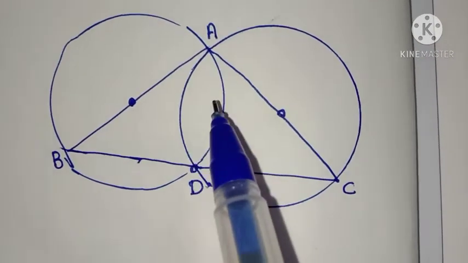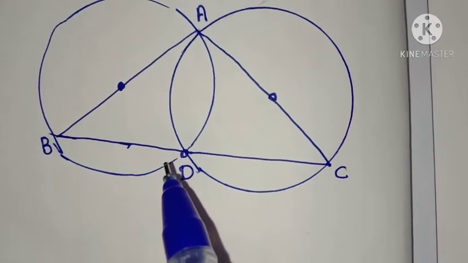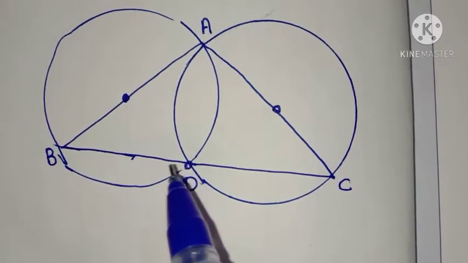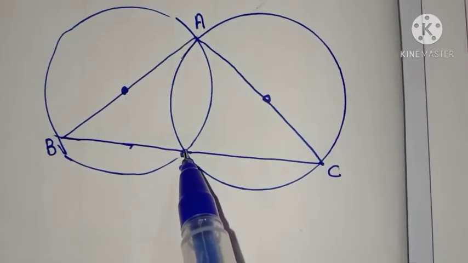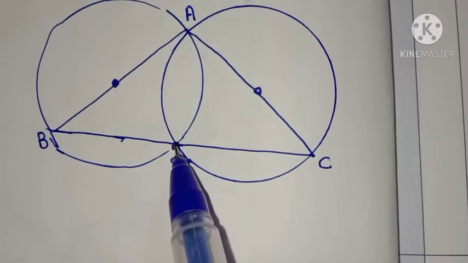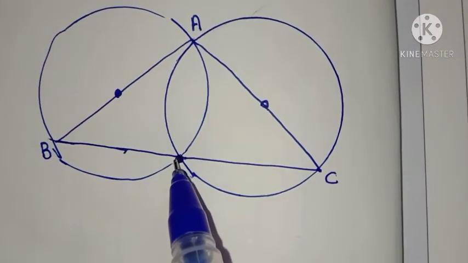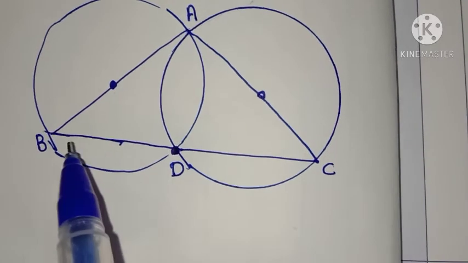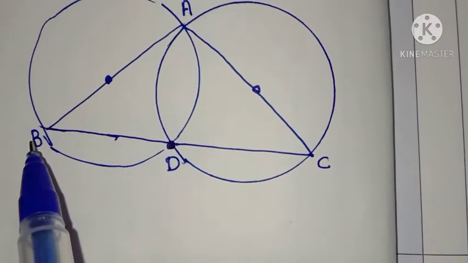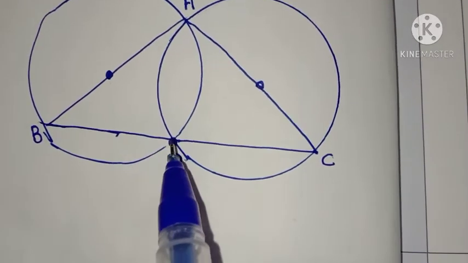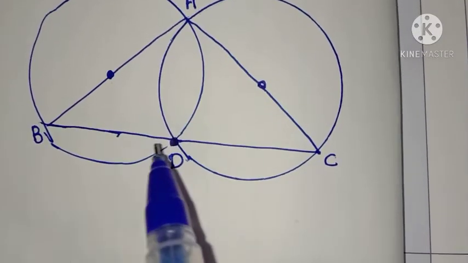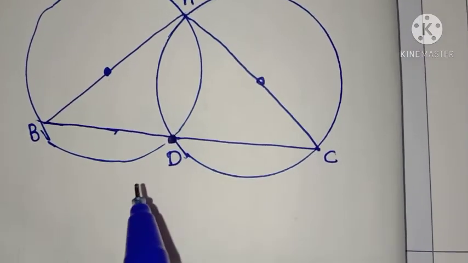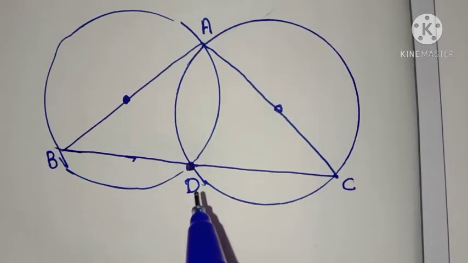We have to prove that the point of intersection of these circles, the next point of intersection D, lies on the third side. What is the third side? The third side is BC. So D lies on the third side means BDC is a straight line. That we have to prove.